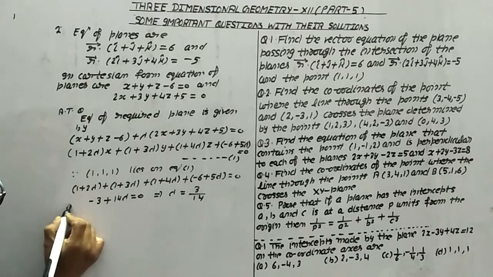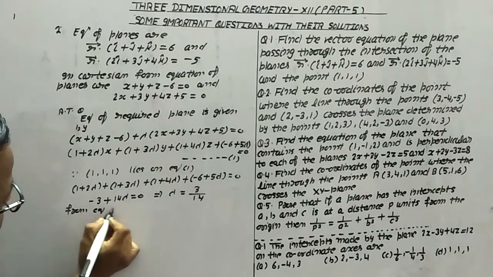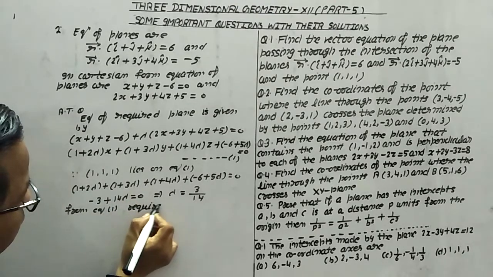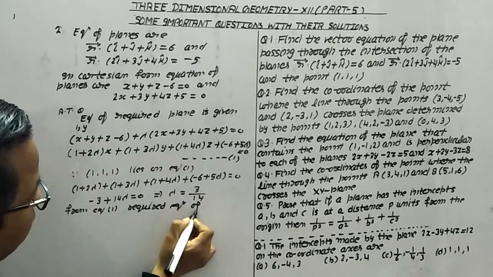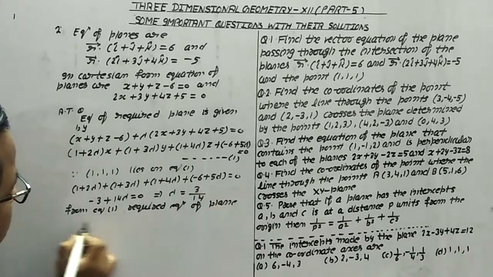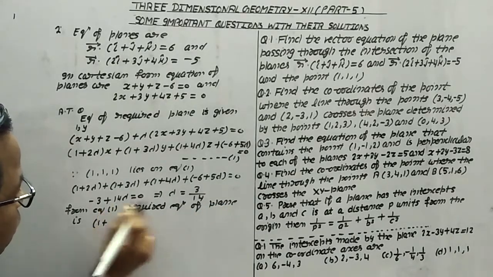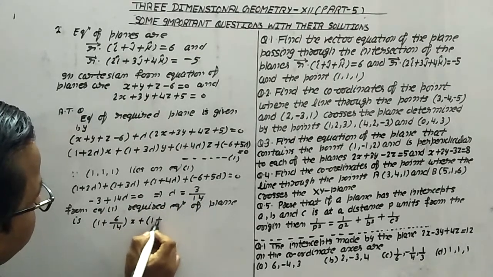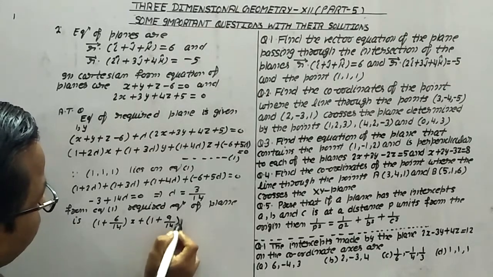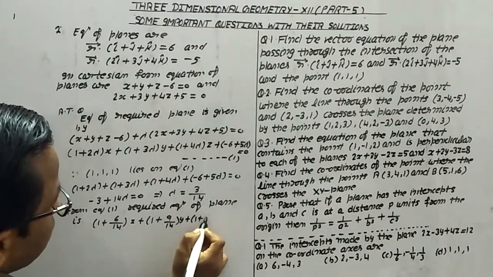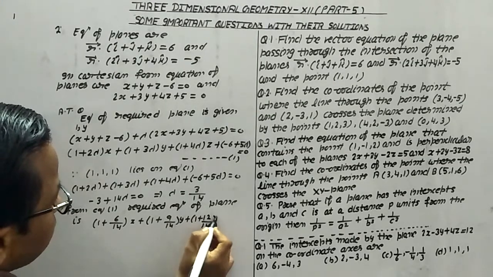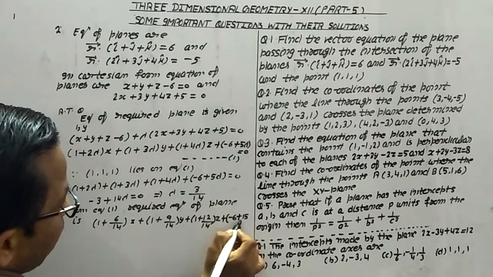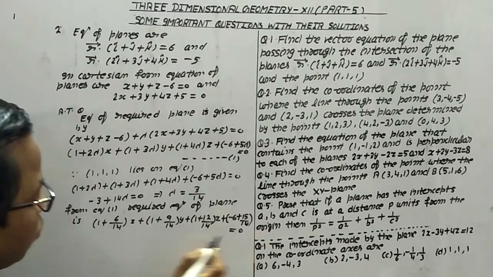Therefore from equation 1, the equation of the required plane is given by (1 + 6/14)x + (1 + 9/14)y + (1 + 12/14)z + (-6 + 15/14) = 0.